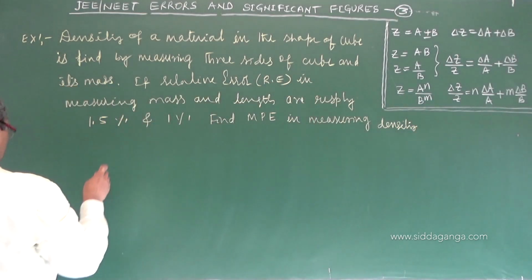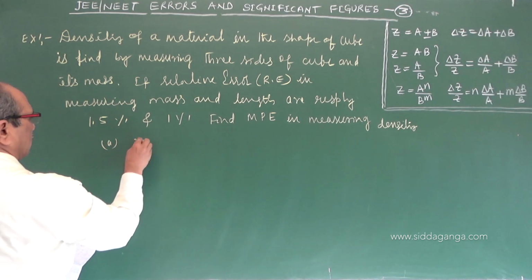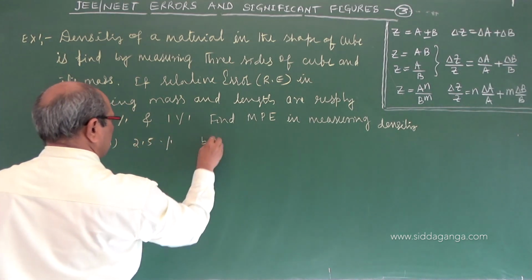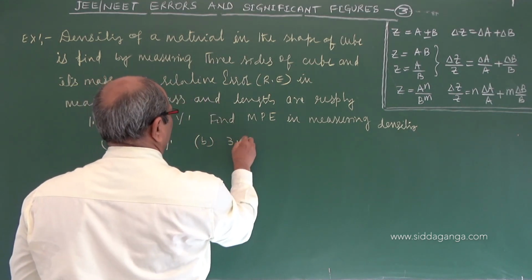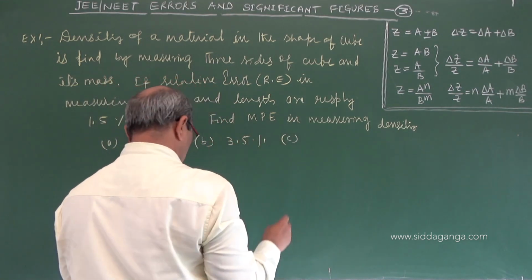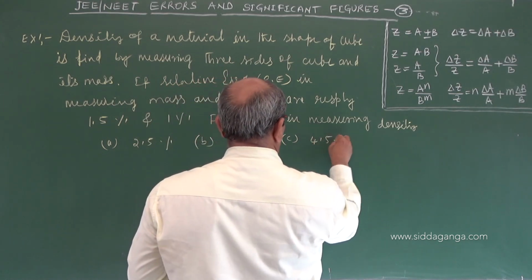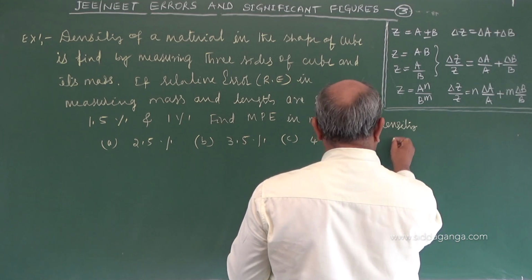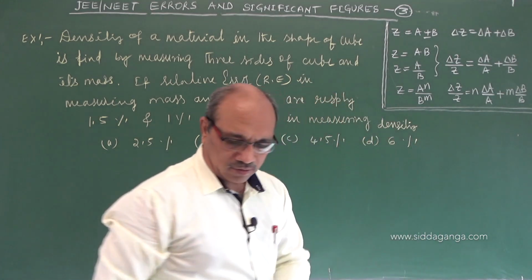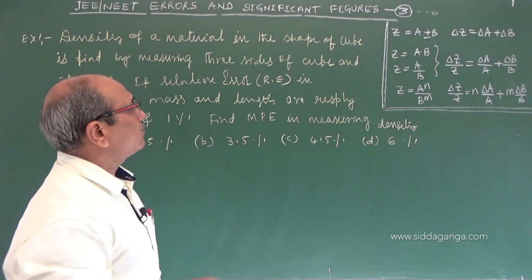The options given are 2.5%, 3.5%, 4.5%, and 6%. So I have to find out which one is right.